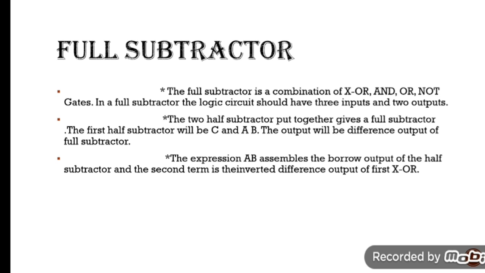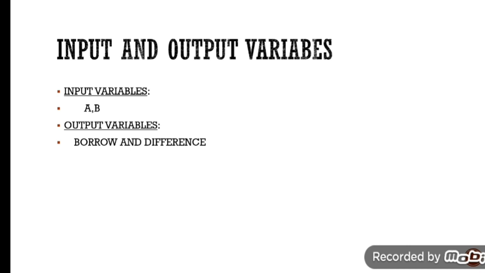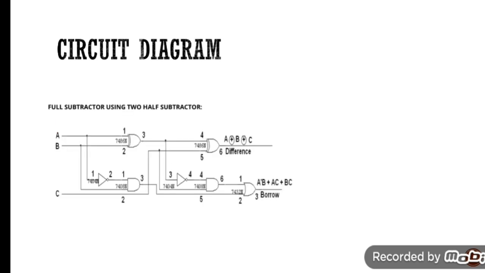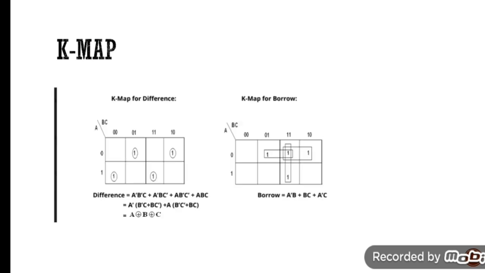Moving to the second slide. Input and output variables. The input variables are A, B and the output variables are borrow and difference. And here is a circuit diagram. Full subtractor using two half subtractors, and this is the truth table, and this is the K map.